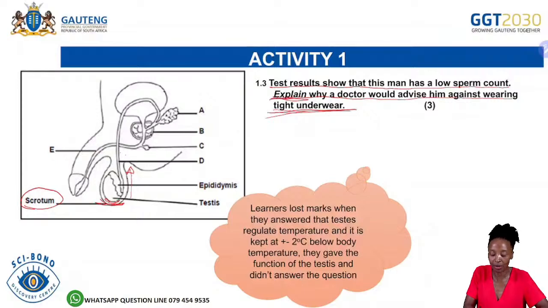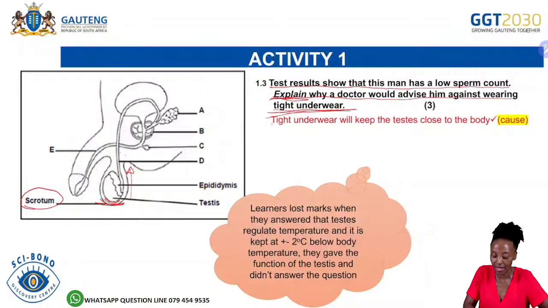So you must talk about the cause and the effect. Let's look into the answer together. The cause: tight underwear will keep the testes close to the body, which is what I said.